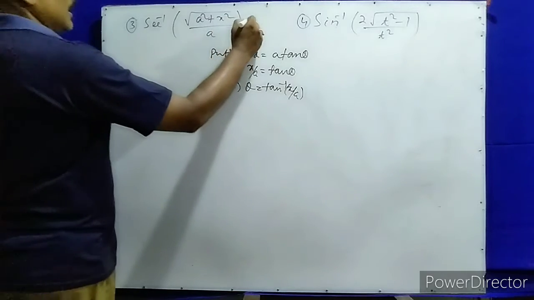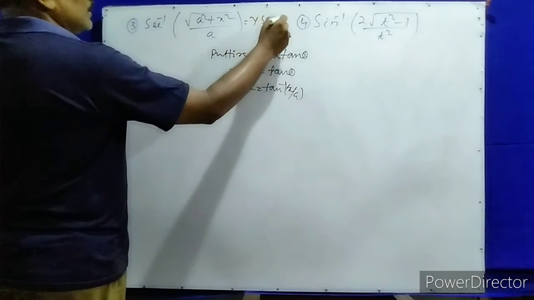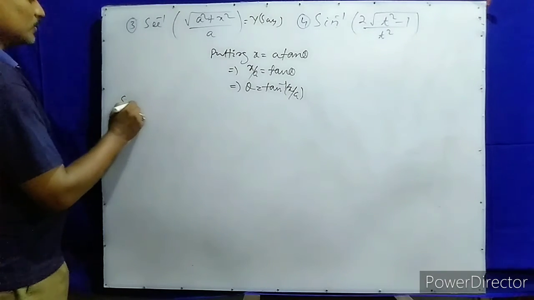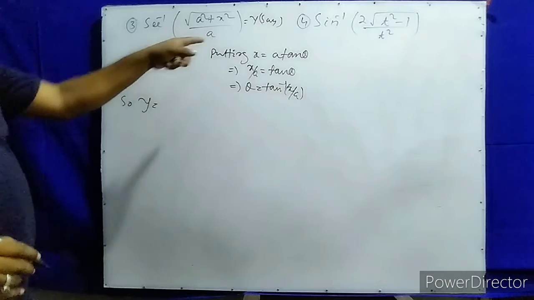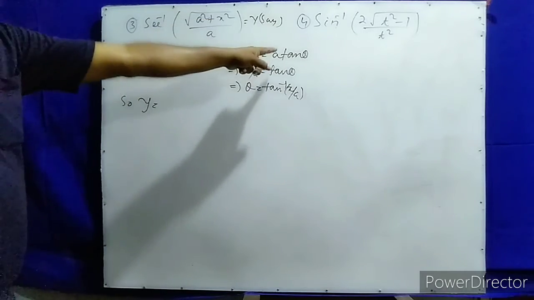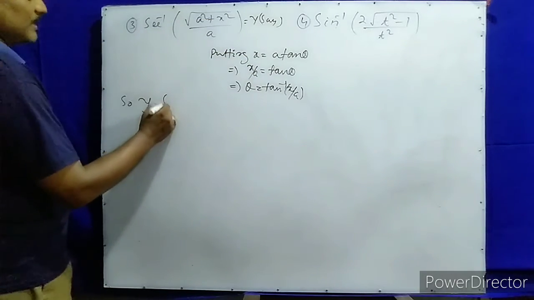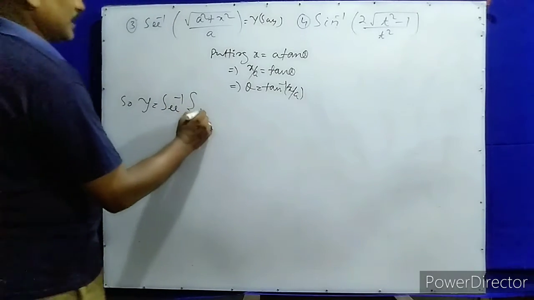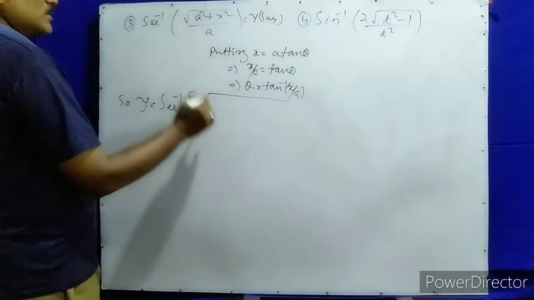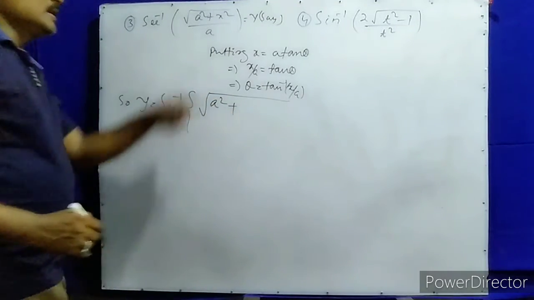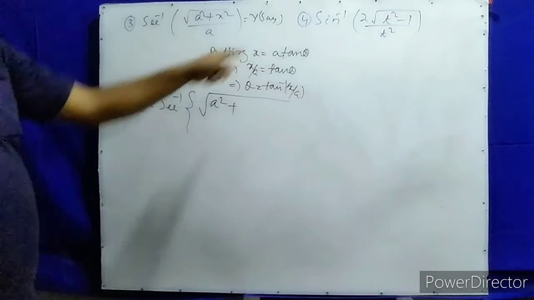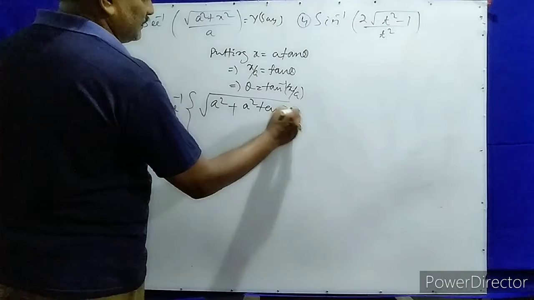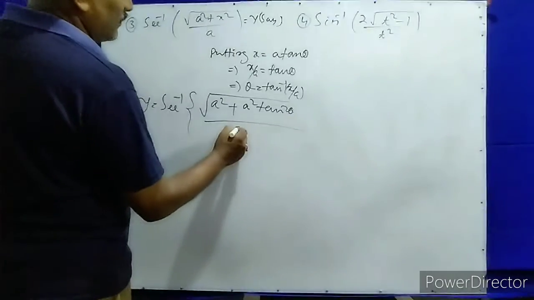Now you come here, say this is y, the value which is given. We start now. So y equal to this value. Now instead of x you put a tan theta. Here you write sec inverse. Here root over is there, you write root over a square plus x square, x equal to a tan theta, then x square equal to a square tan square theta, divided by a.